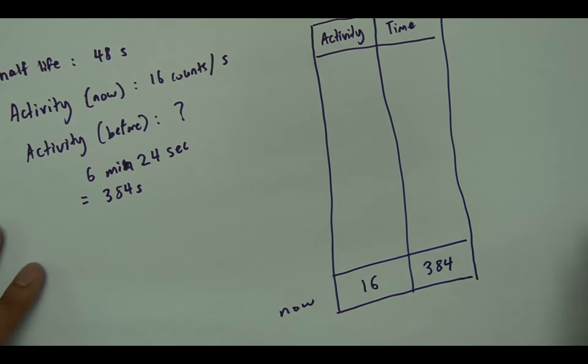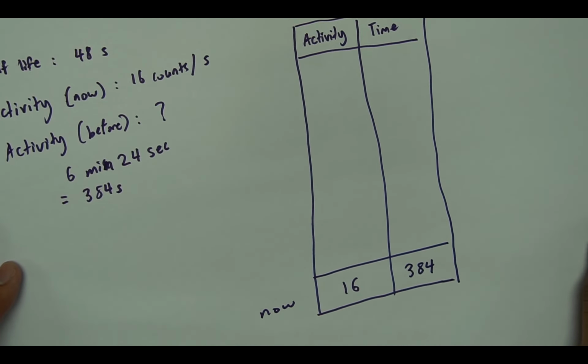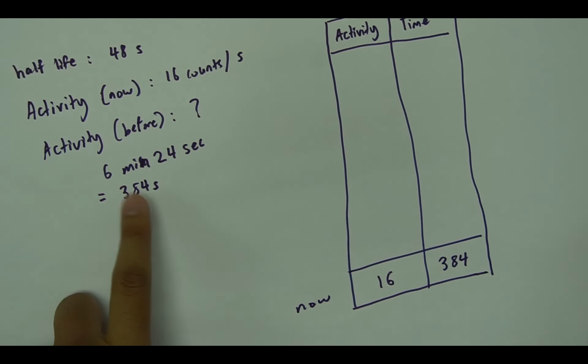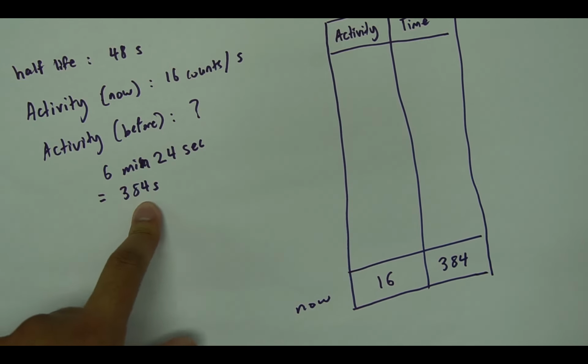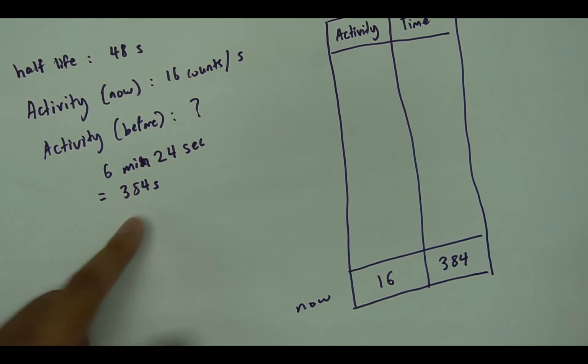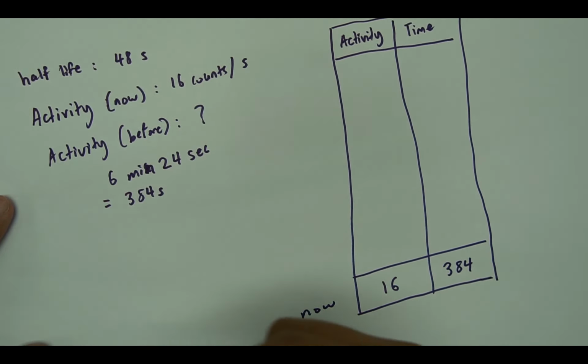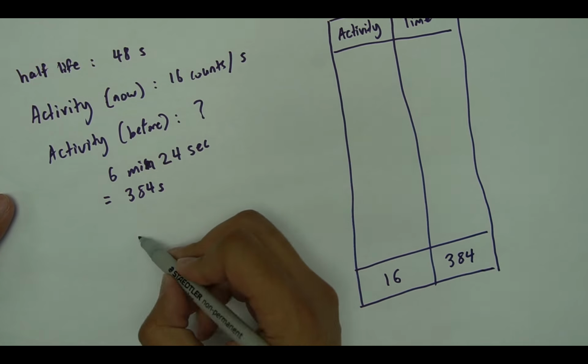What we want to do is go backwards in time. So first we have to figure out, for this amount of time, how many times does the radioactive isotope become half. So for 384 seconds, how many times does it halve?